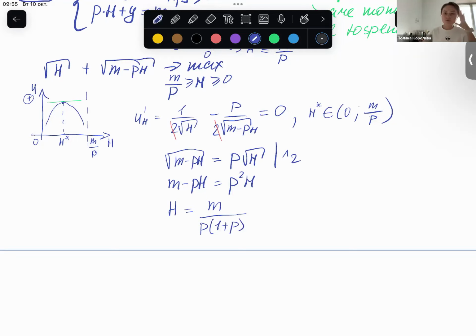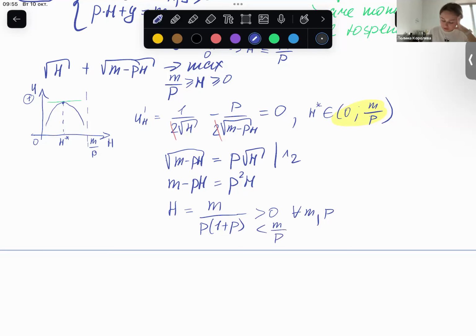And we should prove that our solution lies in the interval that we consider. So first of all, it should be greater than 0, but that's true for each monetary income and each price, because monetary income and prices are positive, so everything is okay. And also we should prove that the heating will be less than monetary income over price.